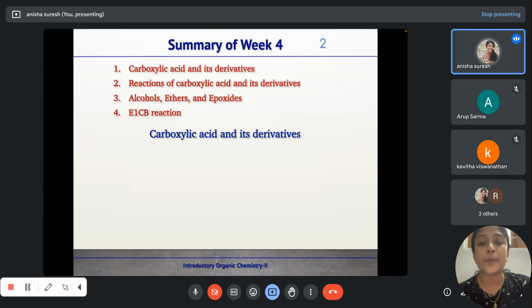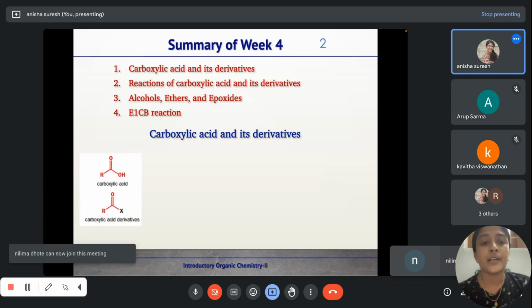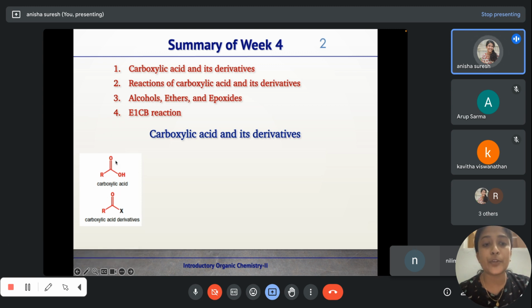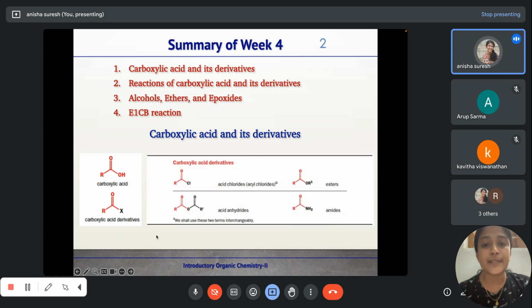Now, coming to carboxylic acid and its derivatives, this is the structure of carboxylic acid, R C double bond O OH. If OH is substituted by any group like X, then it is called a carboxylic acid derivative. Some examples are acid chlorides, also known as acyl chlorides, then esters, where OH is replaced by OR.